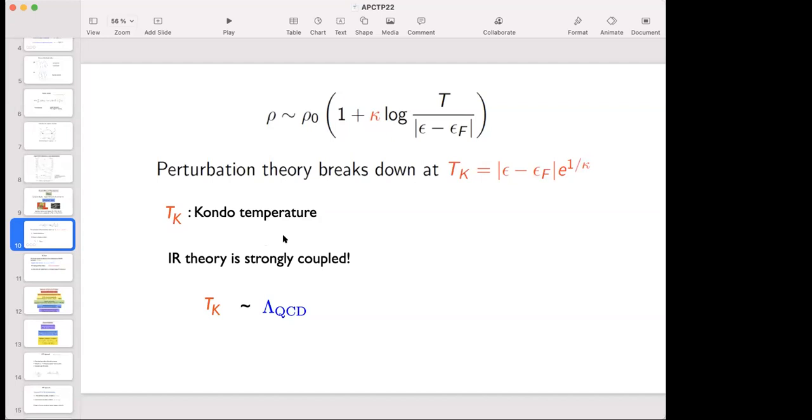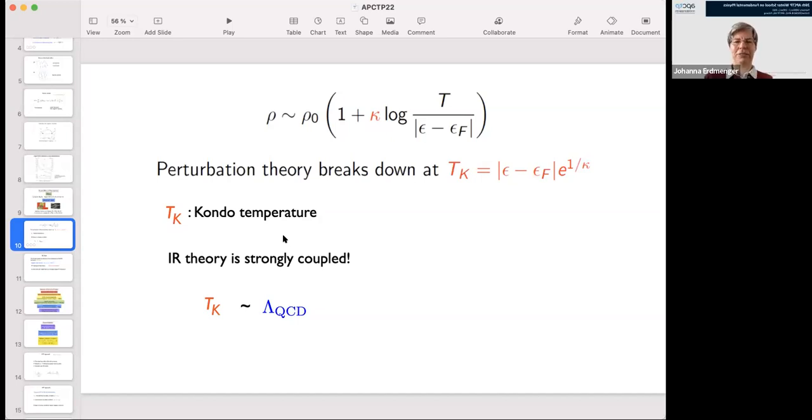So by the way, I haven't followed it closely, but do Affleck and Ludwig have the concept of the Kondo temperature? Yes, yes, they do.